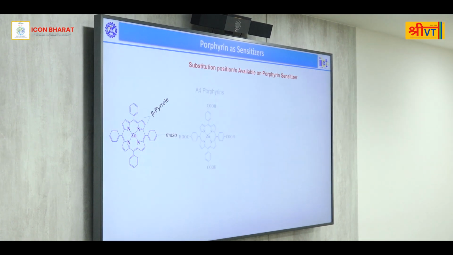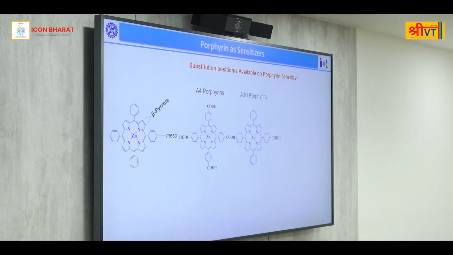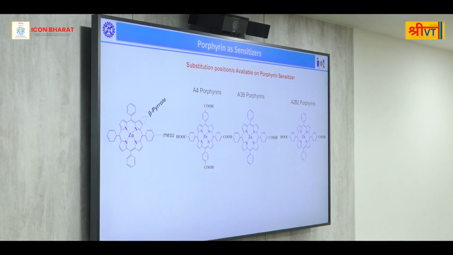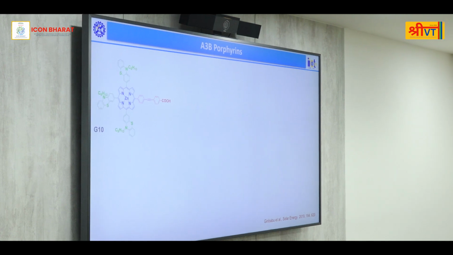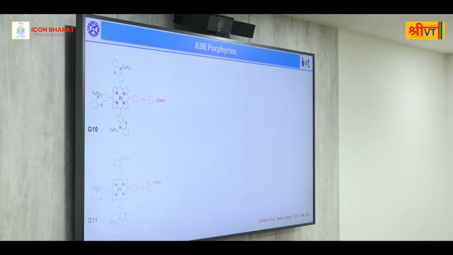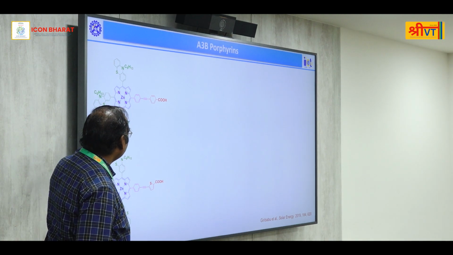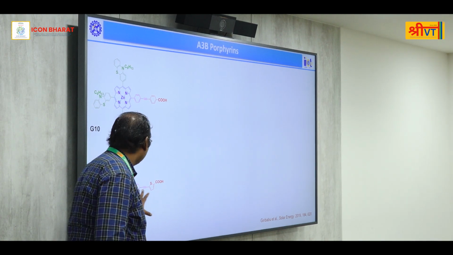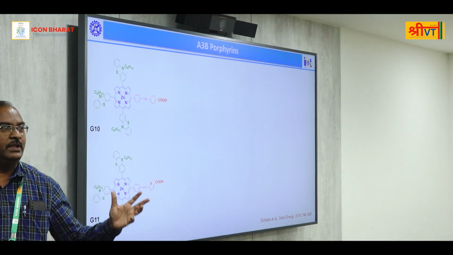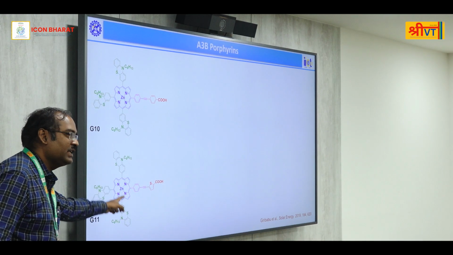Based on that, a variety of designs are available, and first we initiated with the A3B type of porphyrins. You can see here these are the donor molecules and these are the acceptor molecules, and this is the porphyrin. So again, why did we introduce zinc here?